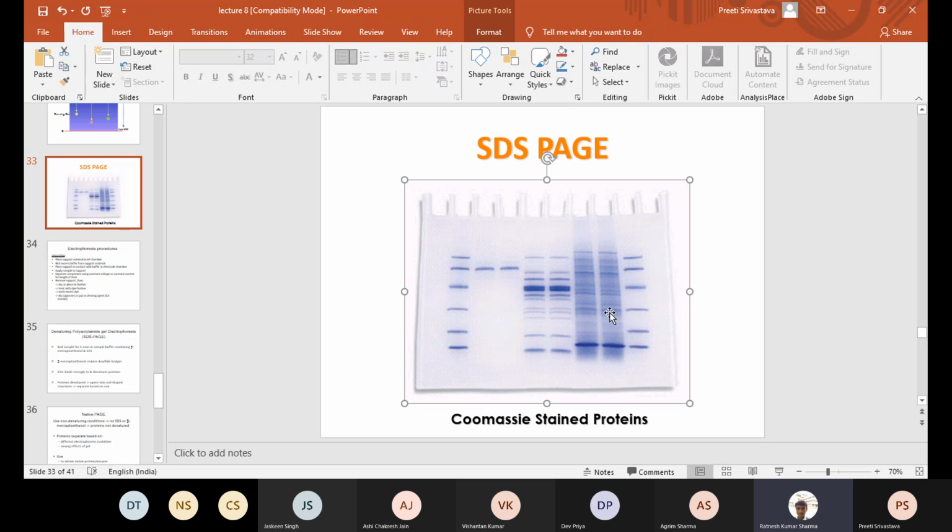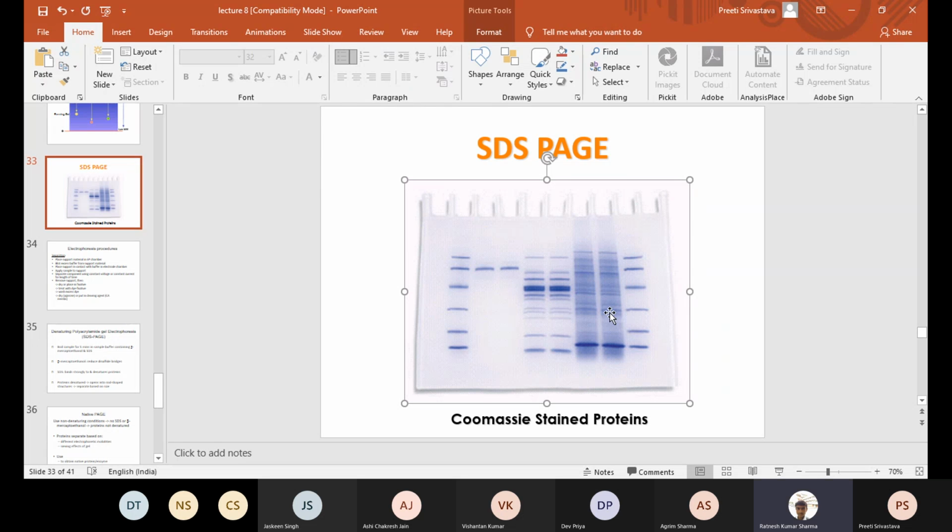Coomassie will bind to the protein, right? If Coomassie binds to the protein, it can impair the mobility because the protein is coated with SDS. Once the separation is achieved based upon molecular weight, then any dye which binds to the protein is used thereafter, because you want the protein to be separated based upon the molecular weight.